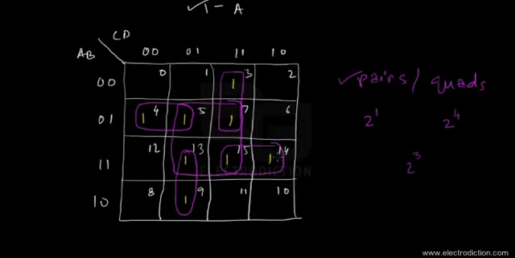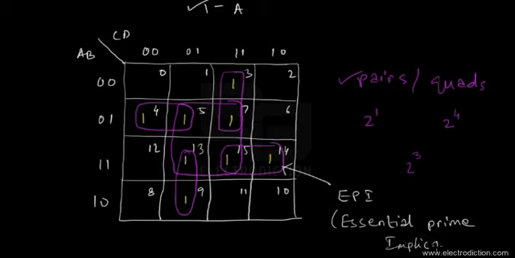So such kind of groups are referred to as EPIs, okay, or rather essential prime implicants, just known that way, okay. And then you got this quad right over here, okay, and each of its ones can be grouped with other EPIs, okay.